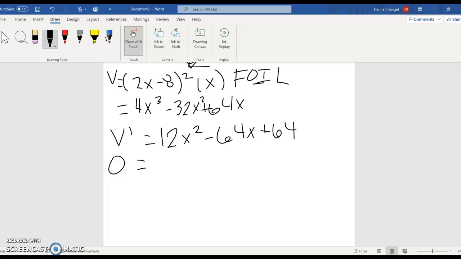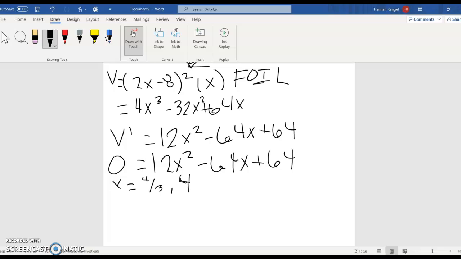The critical numbers might be locations, but that doesn't guarantee that it will be. So once we solve for the zeros, I'm just going to set the equation again equal to 0. Sorry if it's a little sloppy. You get x equals 4/3 or 4. There you go.